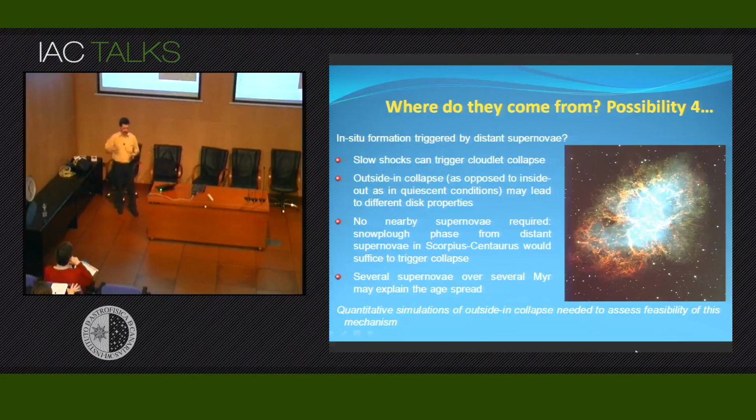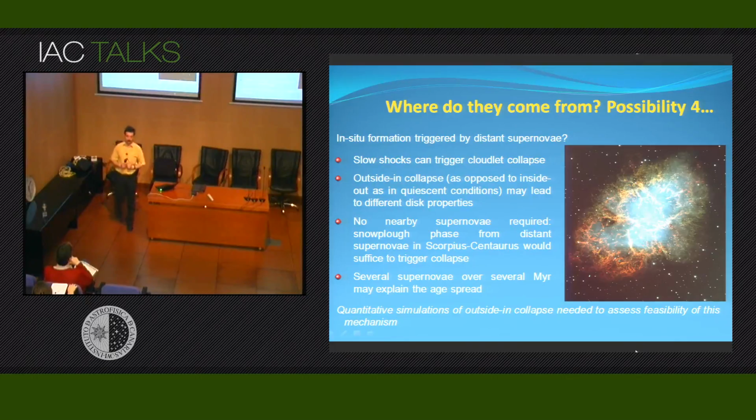And it collapses in a way that is quite different from the typical collapse of an individual, of an isolated cloud, in that it is not an inside-out collapse, as we think that isolated collapse proceeds, but it's rather an outside-in, an externally driven collapse, which leads to some interesting quantitative differences. The one that is perhaps more relevant here is that the collapse is characterized by an early stage of very intense accretion, which heavily depletes the circumstellar envelope, leaving much less material for the formation of the circumstellar disk.